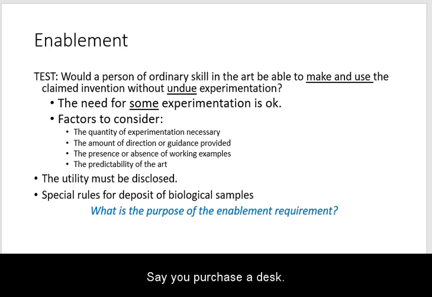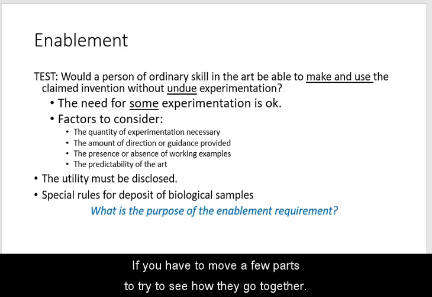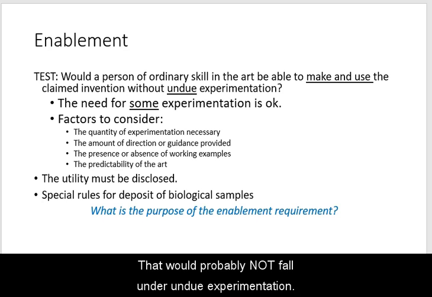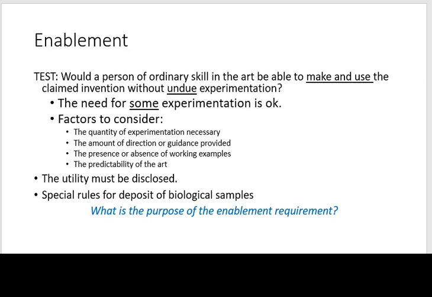Say you purchase a desk that has to be assembled. If you have to move a few parts to try to see how they go together, that would probably not fall under undue experimentation. If you spend an entire day moving everything around and assembling and unassembling, that's probably undue experimentation.